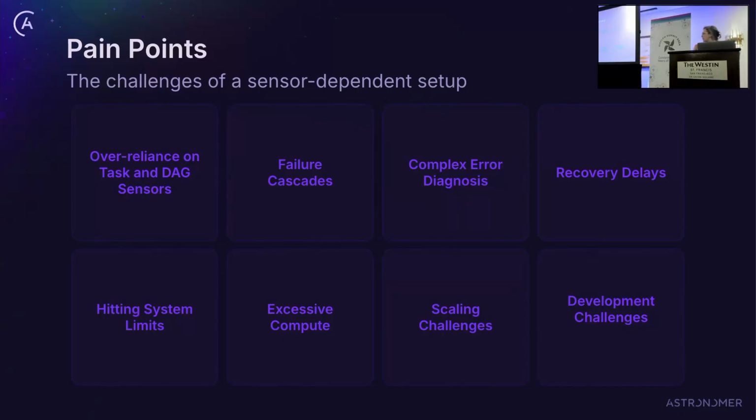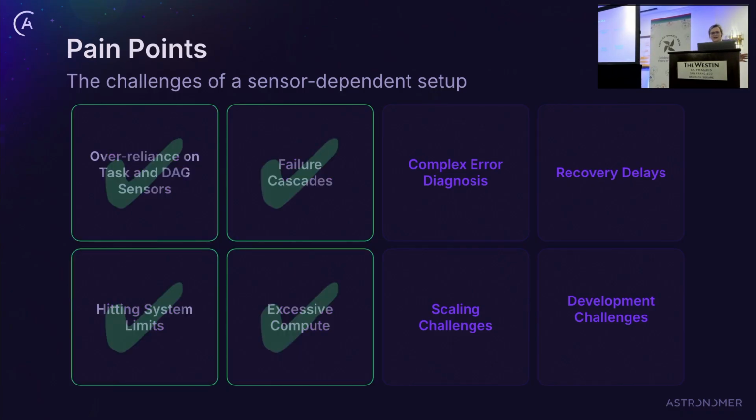So let's just go back to Marion's pain point screen and make sure we actually address these things. So when we introduce sensors, we sort of automatically solve for this resource issue and hitting system limits, because there just aren't sensors anymore that are competing for resources.